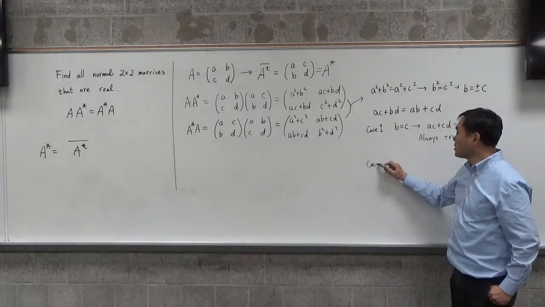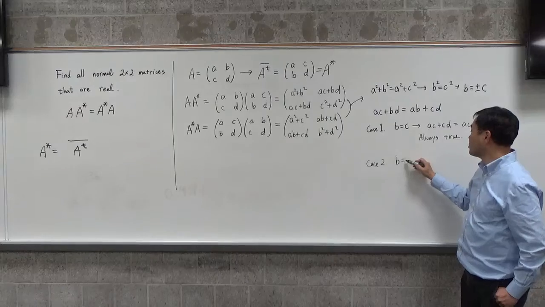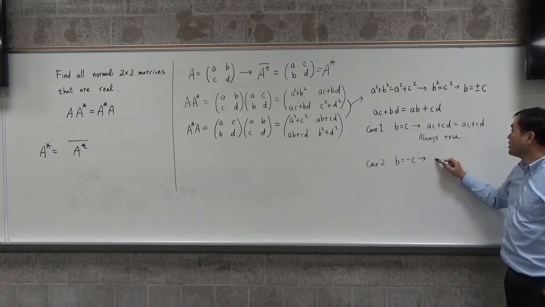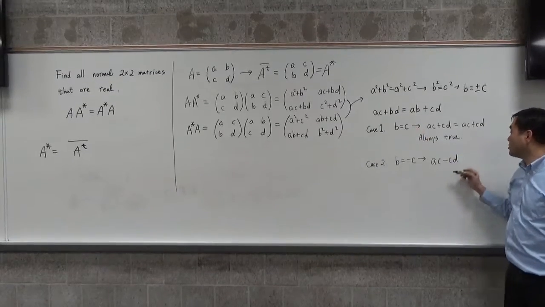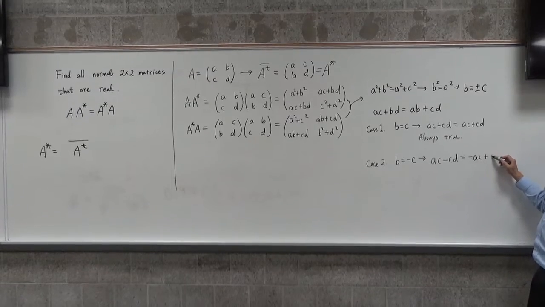But there's another case, which is that B is equal to negative C. In that case, you have AC minus CD, since I'm replacing B by negative C, and negative AC plus CD.